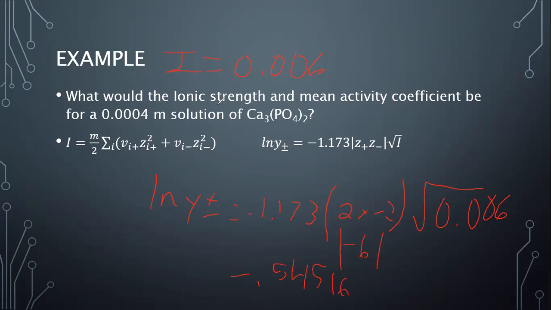Now we have to take the inverse log to find our activity coefficient, and at that seemingly dilute concentration of 0.4 millimolal, the activity coefficient of this is 0.5797.